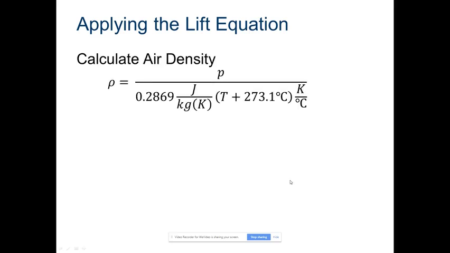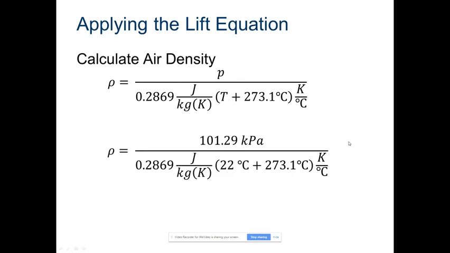Calculate your air density. This is all given, except you need to know your pressure and your temperature. This should be from the atmosphere lesson that we went over. For the calculations you'll have to do, generally they'll give you the pressure and the temperature. In this case it's 1.196 kilograms per meter cubed.